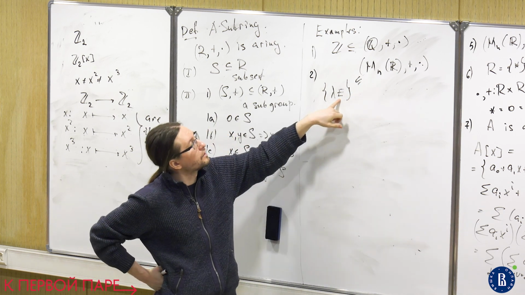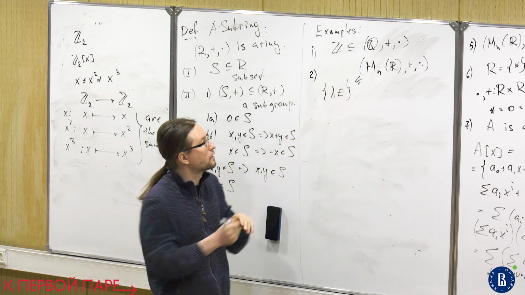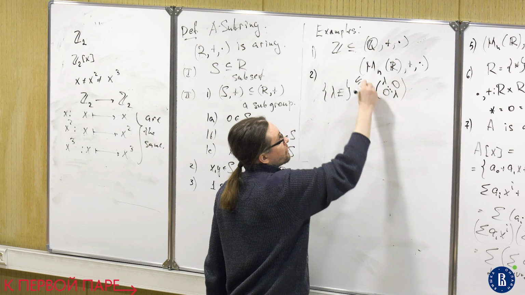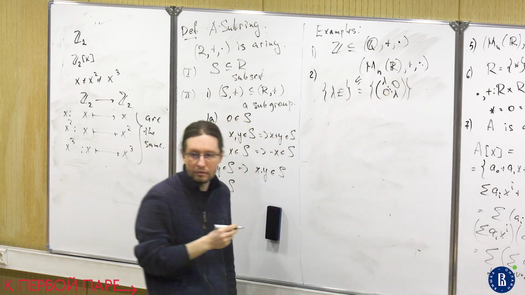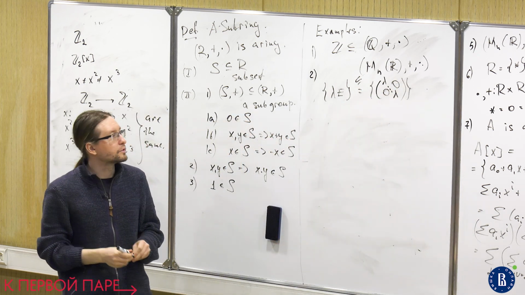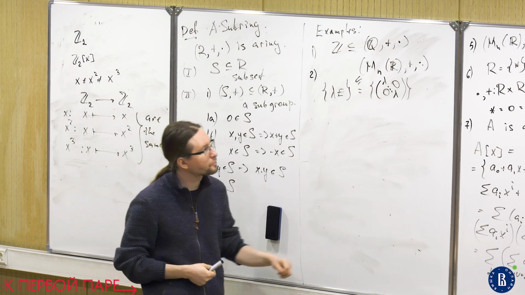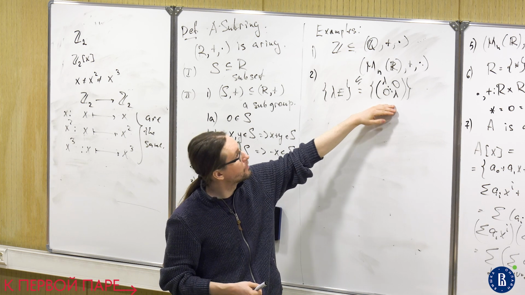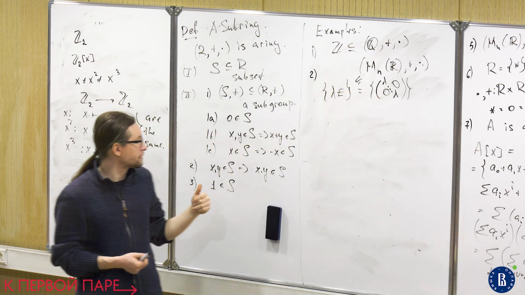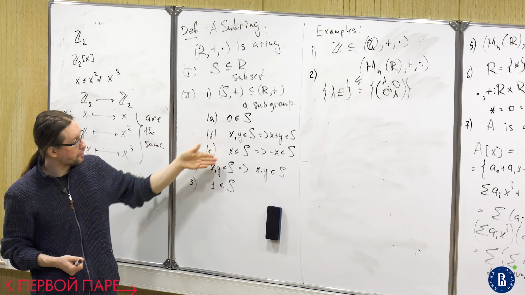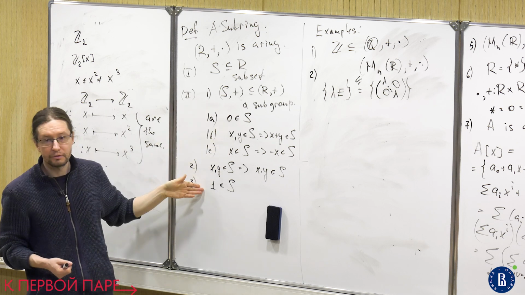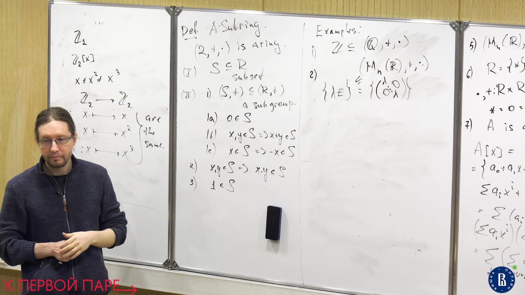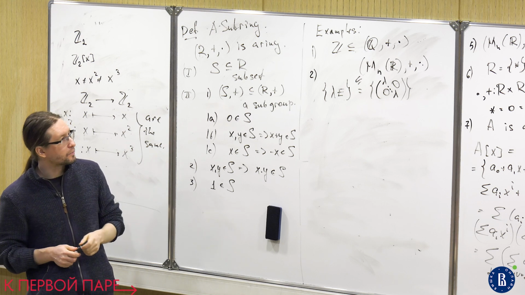It's lambda times the identity matrix. So it means lambda on the diagonal. This is what is called scalar matrices. This subset of matrices is closed under addition, subtraction, multiplication. It contains 0 and 1. So it's also a subring. So these are two examples of a subring.